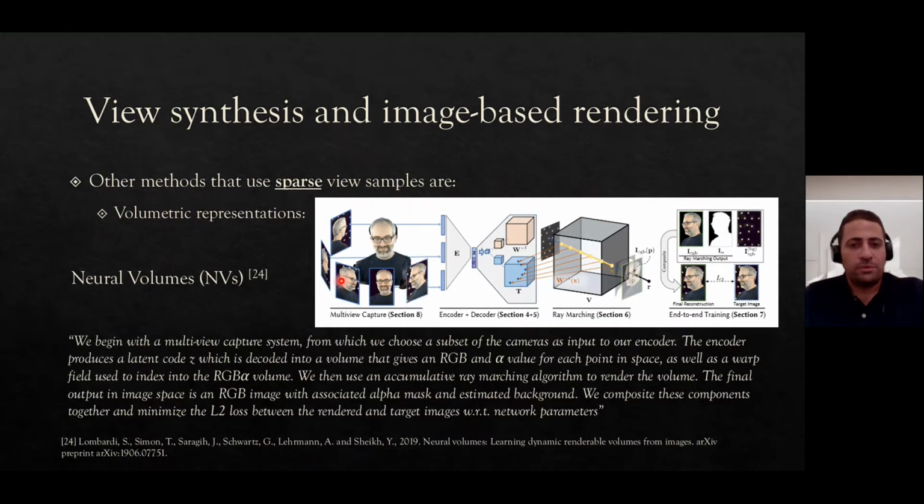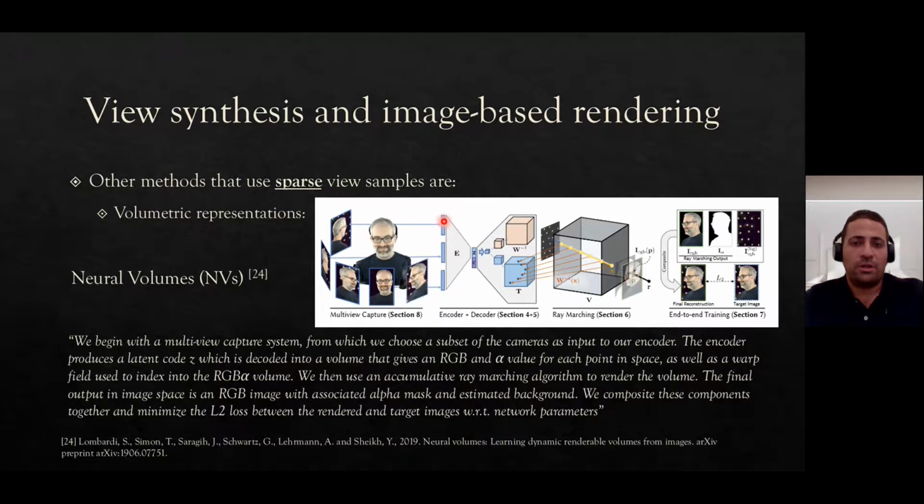Now, neural volumes, their method consists of 4 steps. So you have a multi-view capturing system. Here, I believe this is one of the authors of the paper. They capture views from different angles.